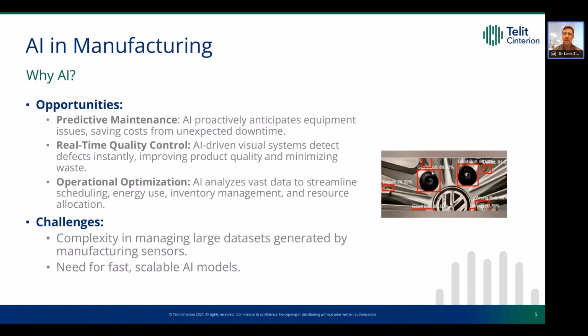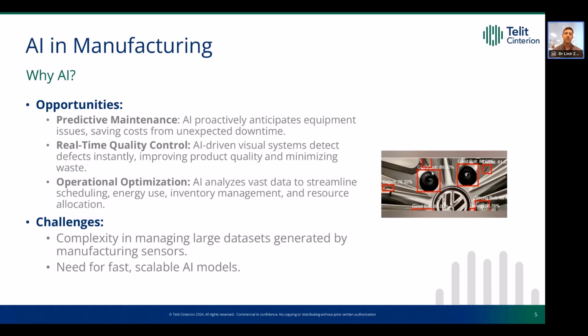Some of the challenges that traditional AI faces, given what we just talked about, is the complexity in managing large data sets generated by manufacturing sensors. There are so many different sensors, so many different types of them, and so much data coming through in different languages, in different ways, with different protocols. So this is one challenge that we see with traditional AI.